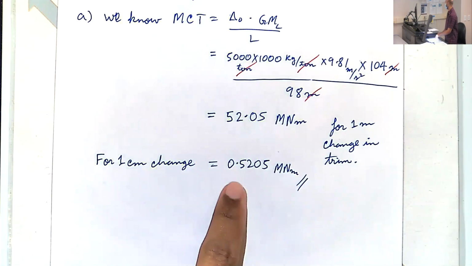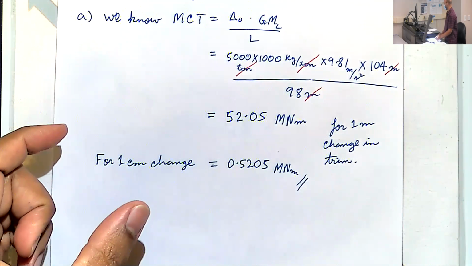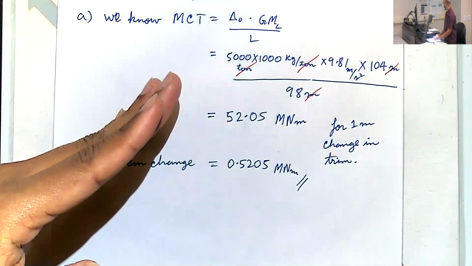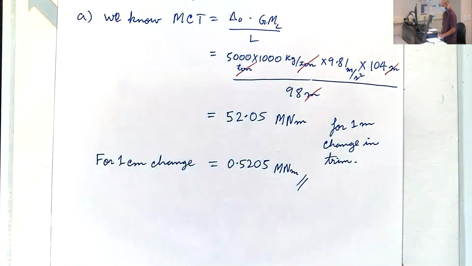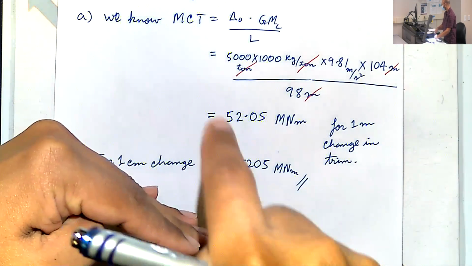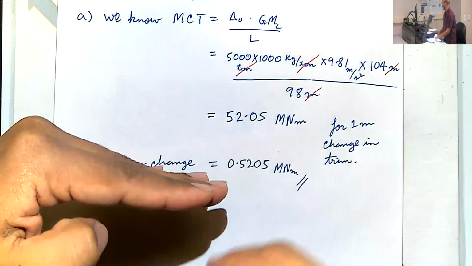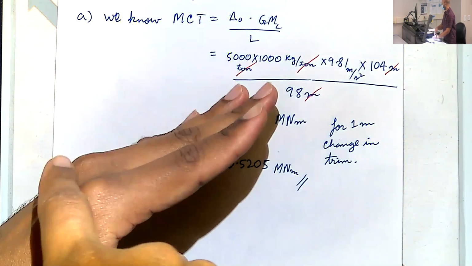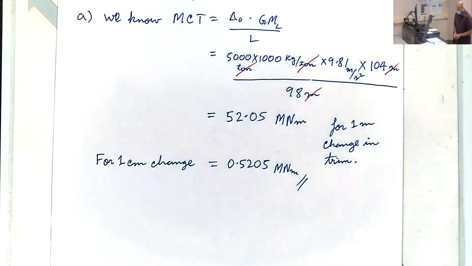That's how much torque we need to either trim down or trim up by 1 centimeter. If you want to trim down, you do clockwise torque. Put something on the nose. If you want to trim up, put something in the aft. Okay, so that's the easy one.